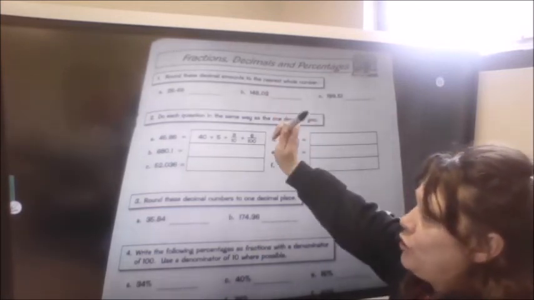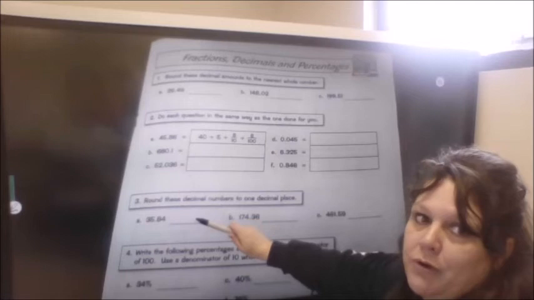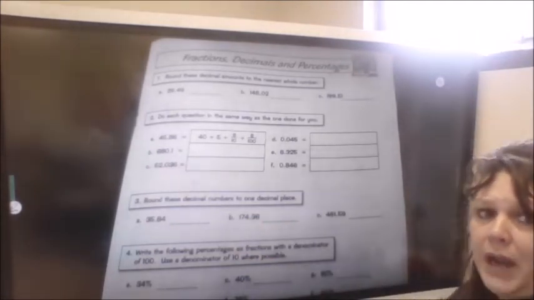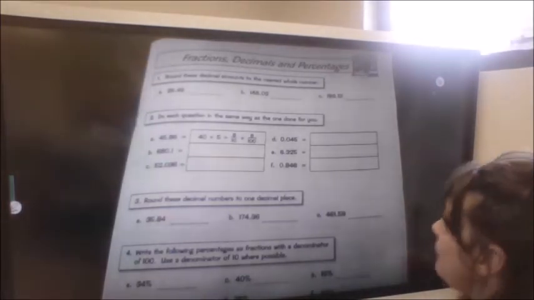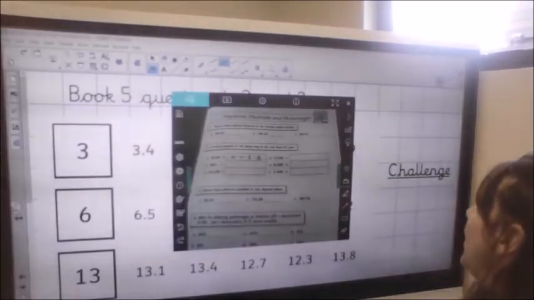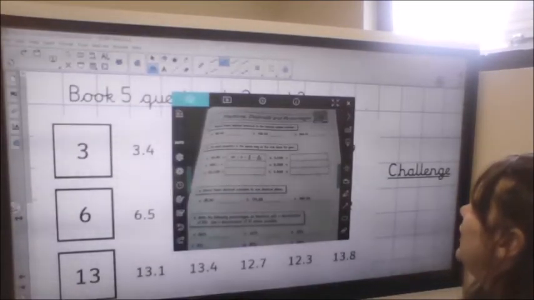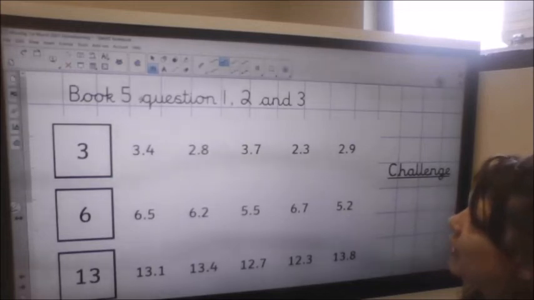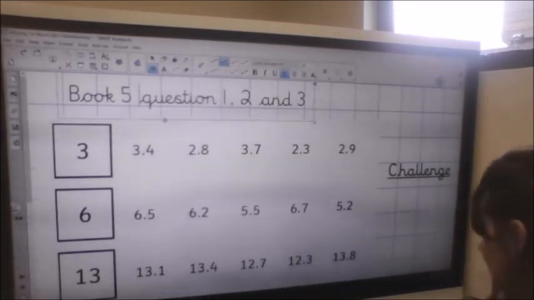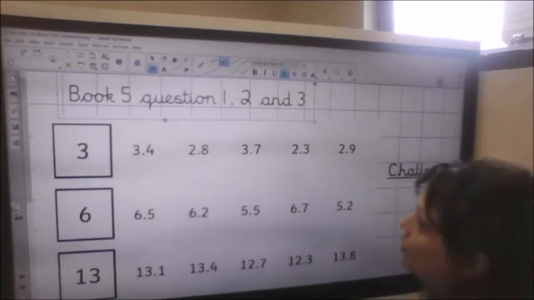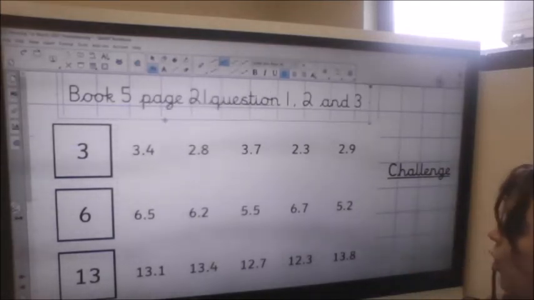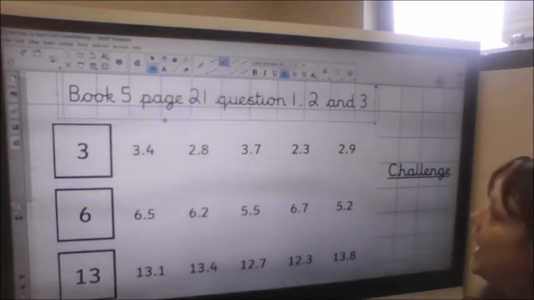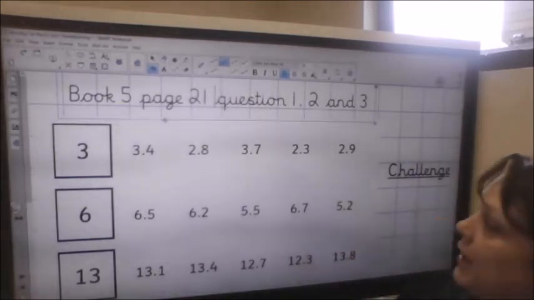So questions 1, 2, and 3, because we've done lots and lots of practice and you've had a go at lots of decimals before this. And I don't think I put the page there, silly me, so let me do that now. So book 5, page 21, and then questions 1, 2, and 3.